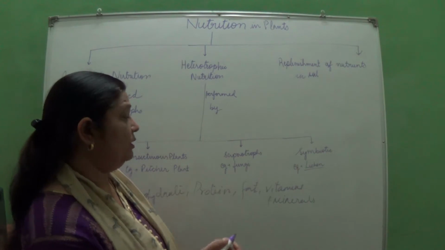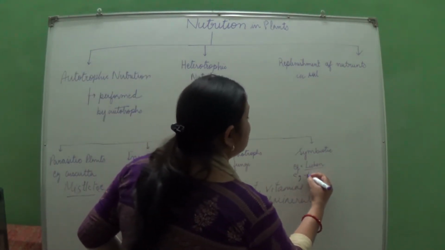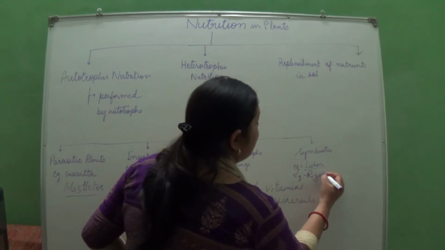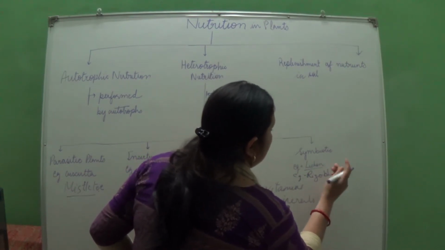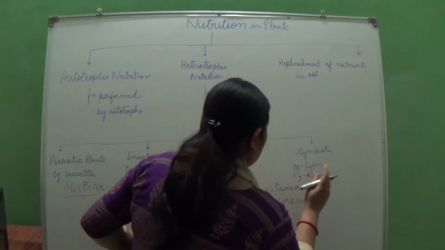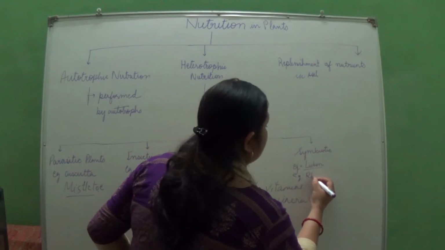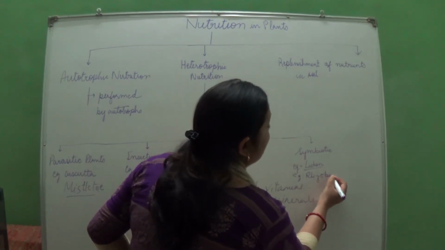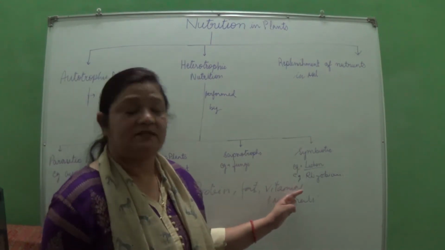And one more example is rhizobium, which lives in the roots of leguminous plants.